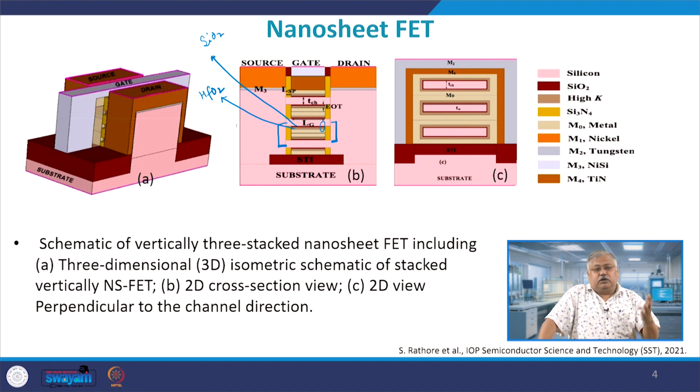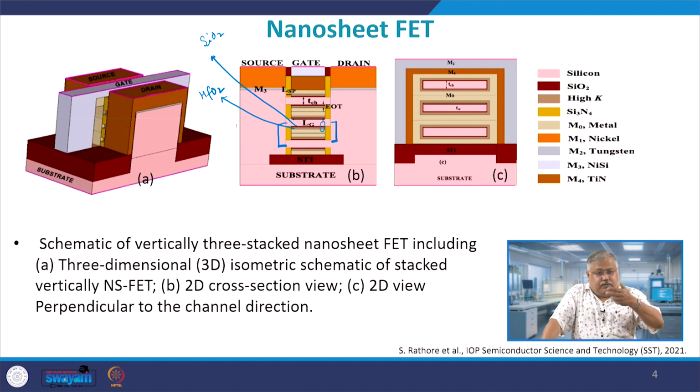In a bulk MOSFET, for example, you had only an oxide layer separating the inversion layer and the gate. Here we have this stacked oxide layer. Each stack has hafnium oxide as the high K dielectric and silicon dioxide as the low K dielectric.